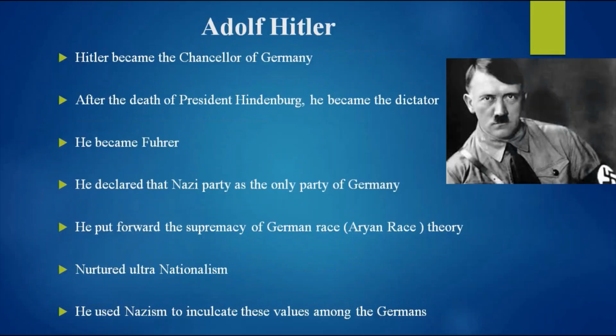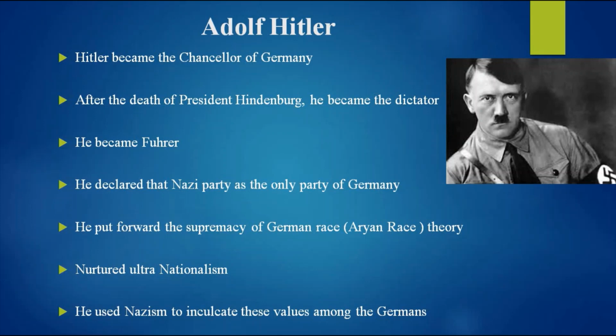Next we have to discuss Adolf Hitler. I think everyone knows about this Adolf Hitler, friends. Hitler was the dictator of Germany. And this Hitler in his young age was a very naughty and very active person.